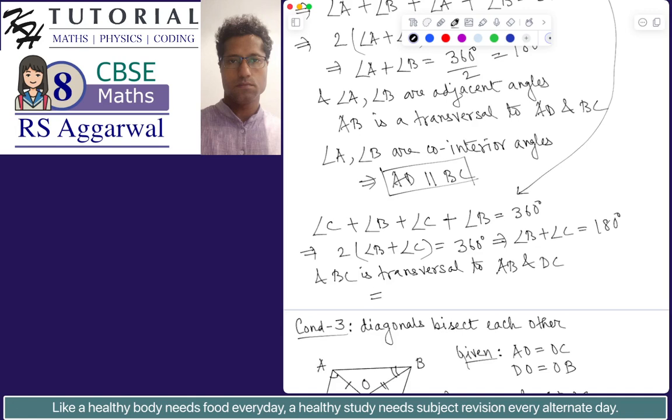This implies that AB is parallel to DC. So from these two facts, you can say that ABCD is a parallelogram, because we have proved that both pairs of opposite sides are parallel.